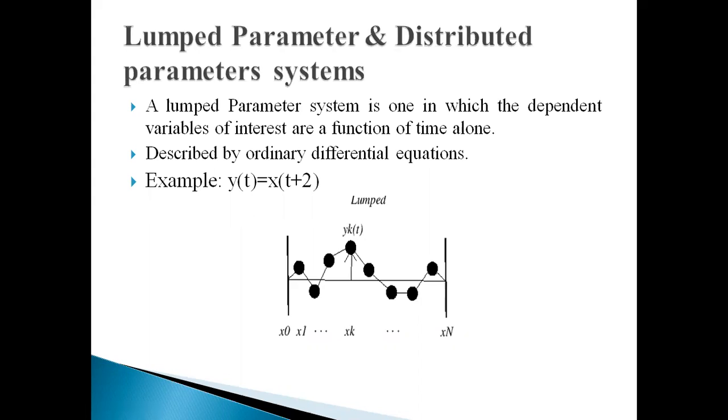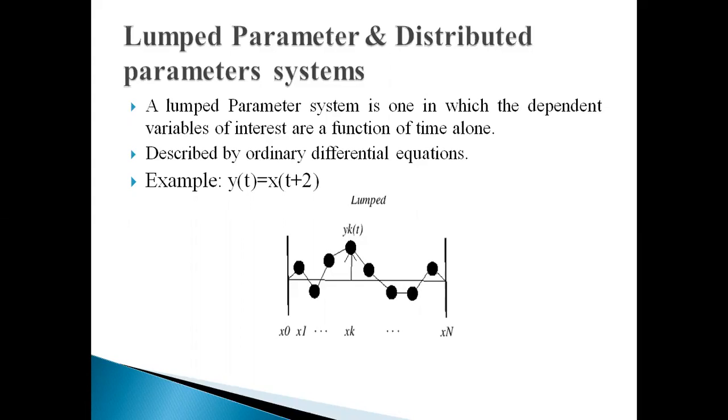A lumped parameter system is one in which the dependent variables of interest are a function of time alone. The dependent variables are generally shown on the y-axis and independent variables on the x-axis. So if the dependent variables depend on a single independent variable, which is time, then those types of systems are called lumped parameter systems.